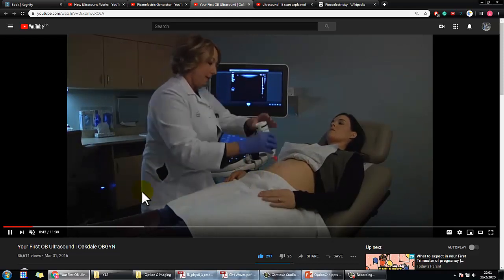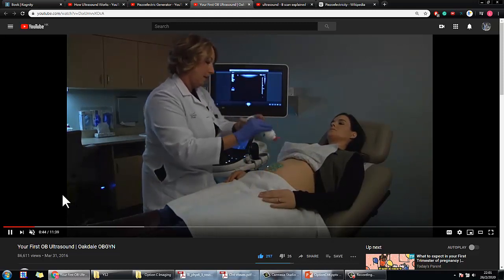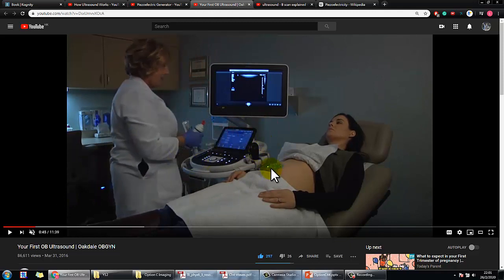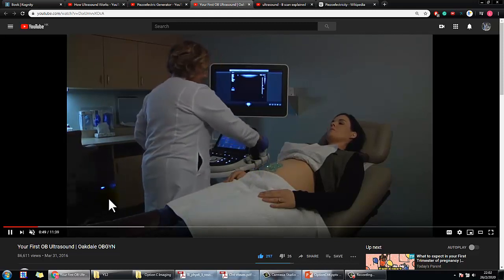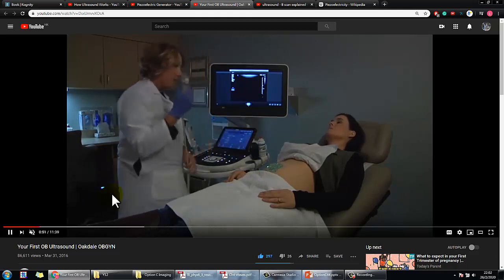Neither have I actually seen it, but you can see this doctor, or I don't know how to call it, technician, try to squeeze the gel onto her stomach here, and this is very important for medical imaging, for ultrasound, right?